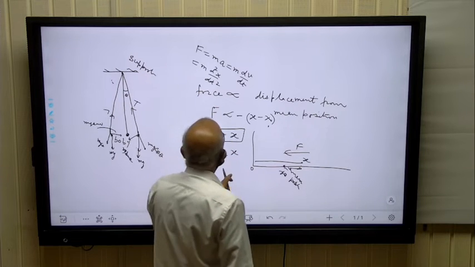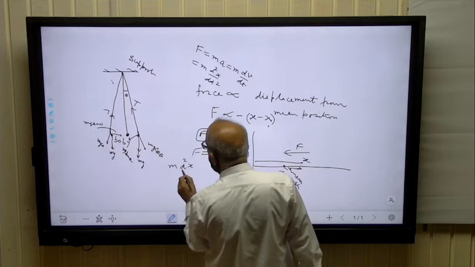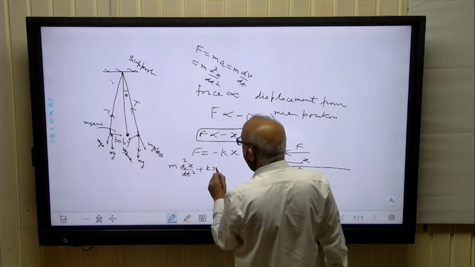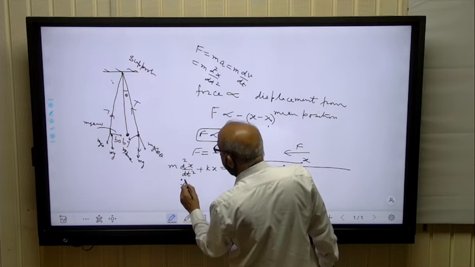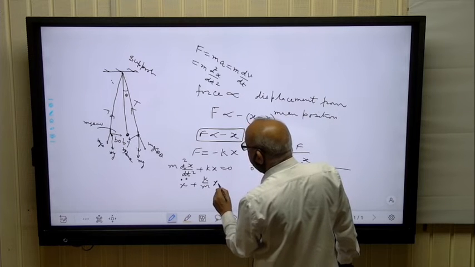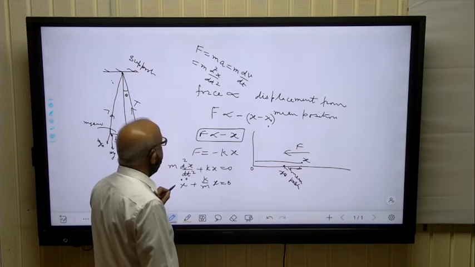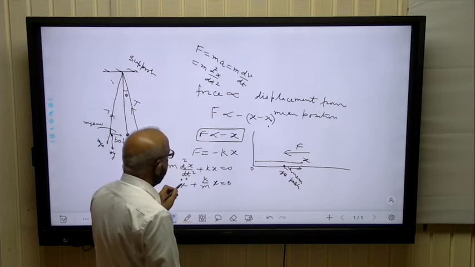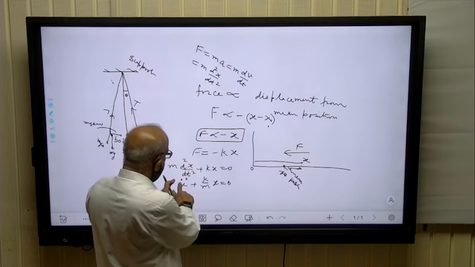Therefore, comparing the two, we get m d2x by dt square plus kx is equal to 0, or x double dot plus k by m x is equal to 0. Here double dot means the derivative of x two times. To save space, we write x double dot.